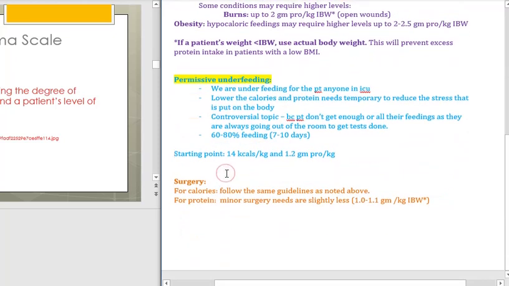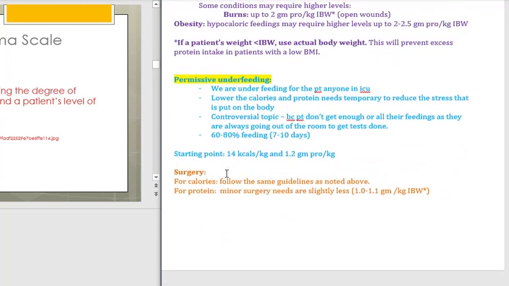For calories, you're going to use the actual body weight, and for protein, most often you're going to use the ideal body weight unless they weigh less. So that's the starting point.